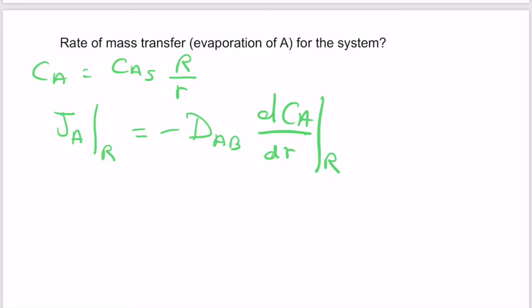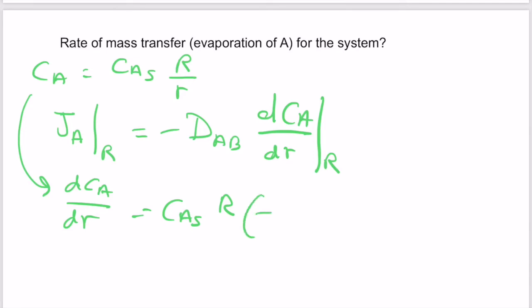Okay, and if we do this, if we take dCA/dr, it is CAS times R times minus 1 over r squared. Can I take the derivative? Did I do that right? Yes, I did.